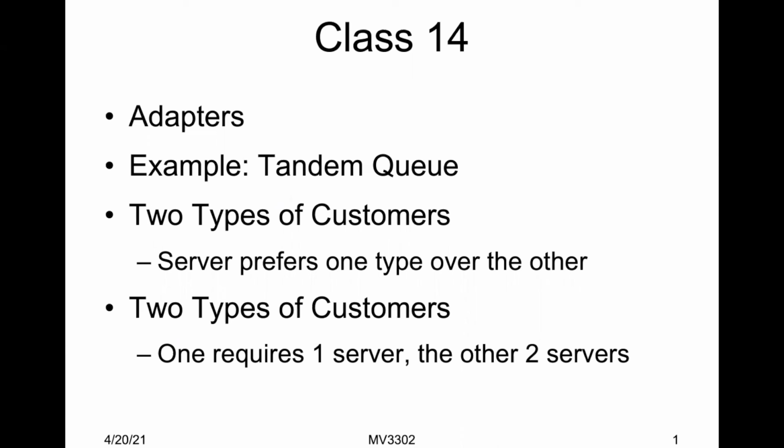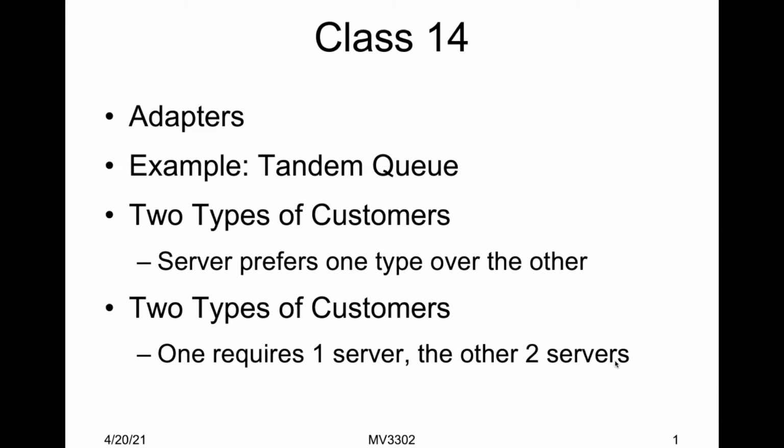And then there are two models that I want to look at where, again, we're tweaking our basic multiple server queue framework. One in which we have two types of customers, but only one server, but the server prefers one type of customer over the other. And then another situation, which sometimes comes up, where we have two types of customers, but one requires a single server and the other requires two servers.